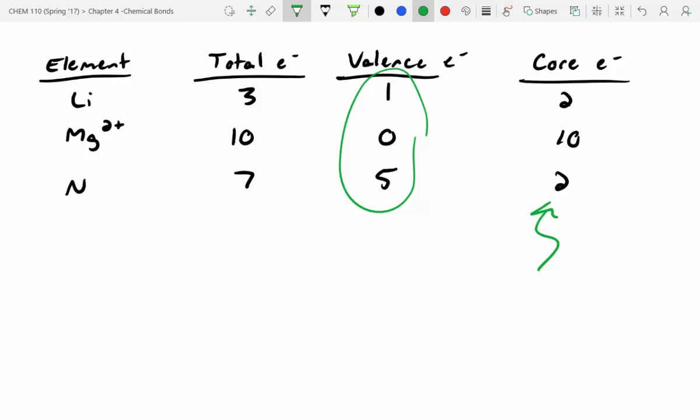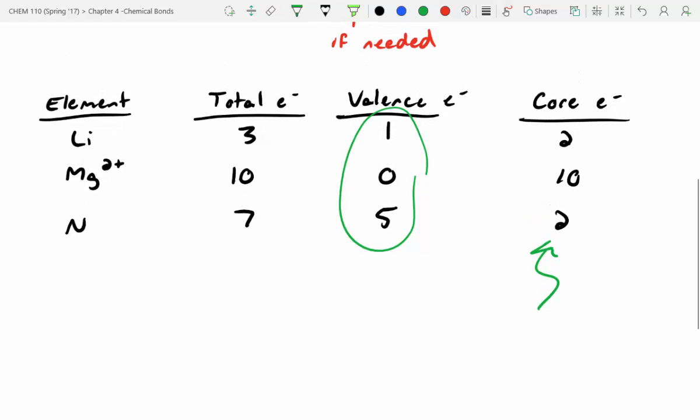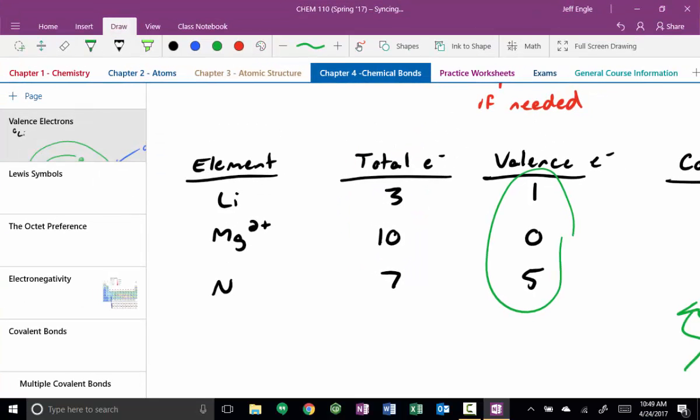Okay, so we have to represent this using special symbolic representations called Lewis structures. Has anybody done Lewis structures before? A couple people? So Lewis structures are really, really simple and straightforward, and we're going to use them a fair amount. The easiest thing to do with Lewis structures is represent electrons as dots.